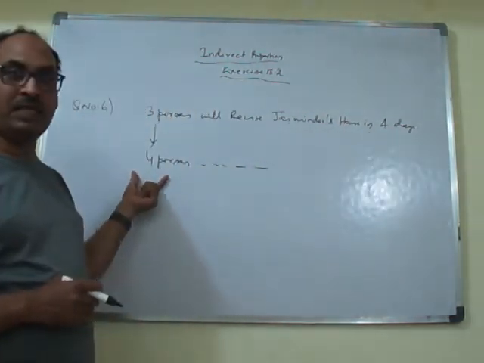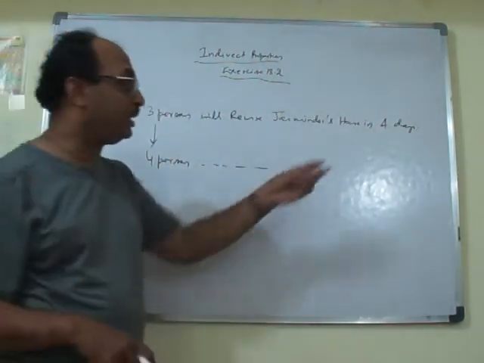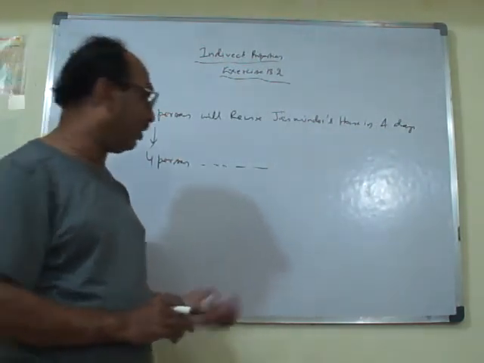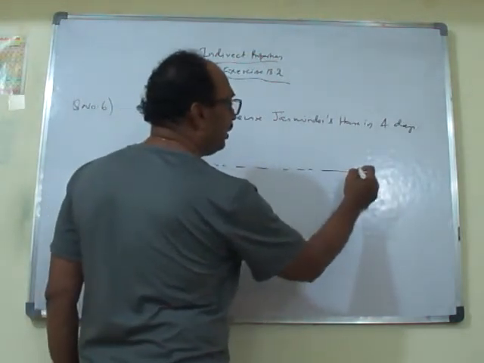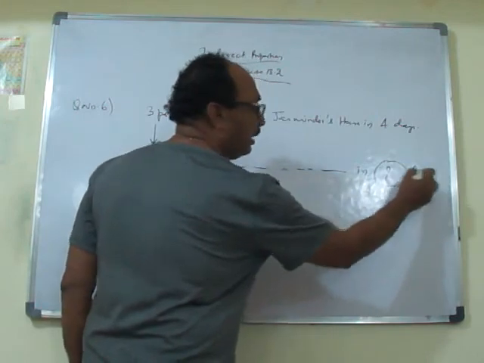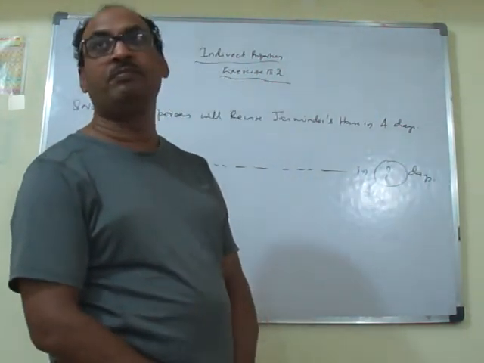When more persons came, this will get reduced. So our answer must come less than 4 days. That one hint we are getting. Okay, so Jasminder's house in how many days? That only we need to find out to complete the job.